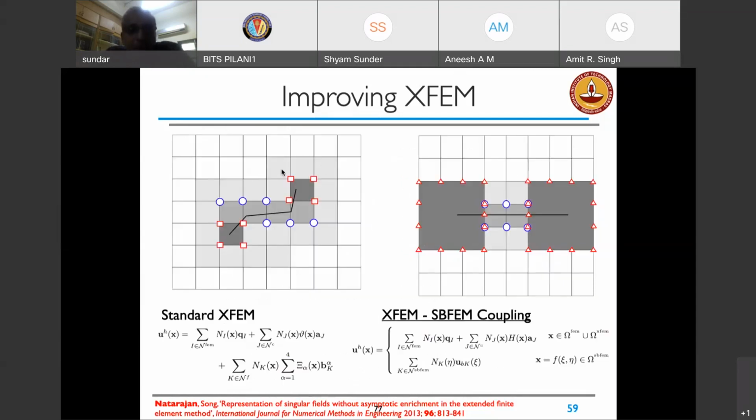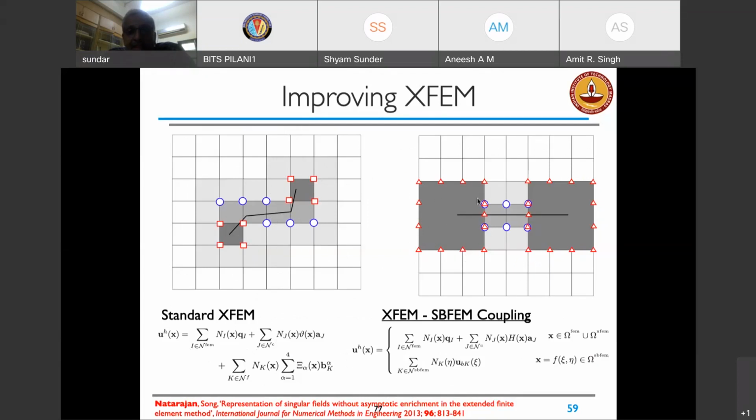So this is what we will have in a conventional extreme setting, where we have the crack represented by a solid black line. Then you have regions which are to be enriched, with functions that can capture the singularity at these two regions and the jump at these places. So what we proposed to do was to replace a certain region with scale boundary.